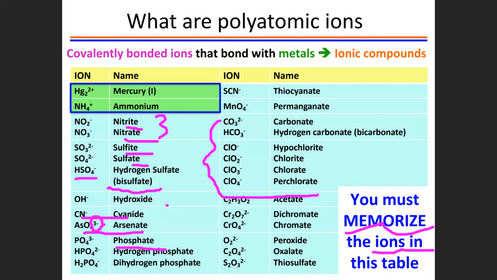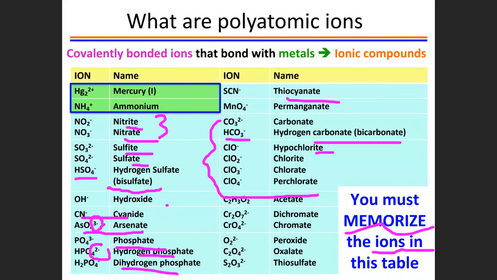Phosphate, PO4, negative 3 charge. Biphosphate or hydrogen phosphate, HPO4, this is negative 2 charge. So please try to memorize them. Here I want to say, it doesn't follow any rule. See here, carbonate, CO3, negative 2. HCO3, negative 1 charge, bicarbonate or hydrogen carbonate.